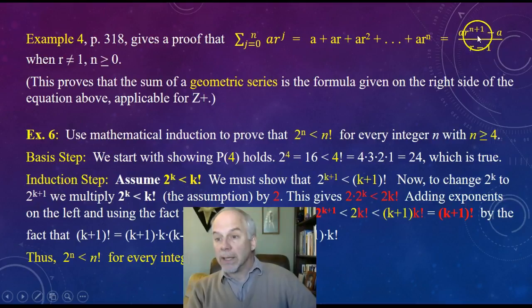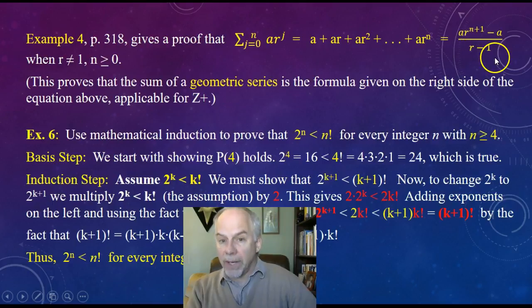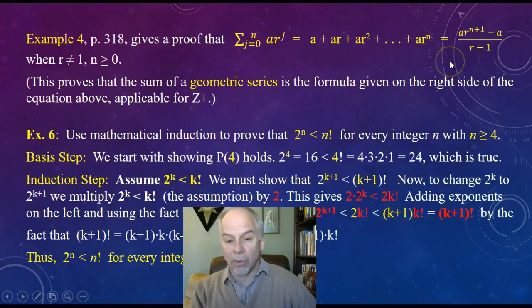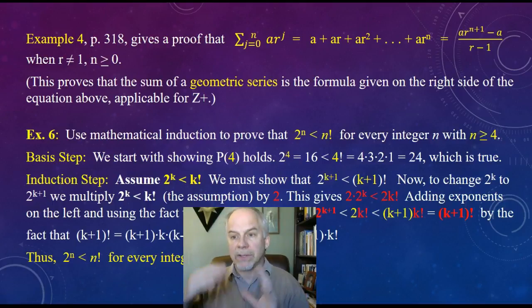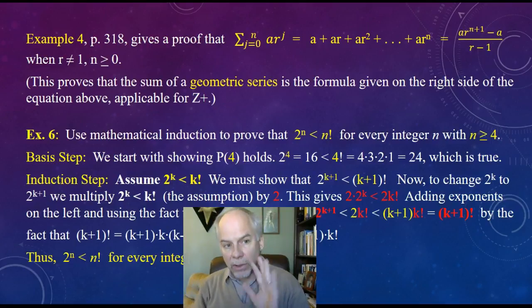And the formula is ar to the power of n plus 1 minus a over r minus 1. All right, now I don't know if you're familiar with such a formula, but that is the formula for the sum of a geometric series. Okay, and you can look at Rosen's proof of it. It uses mathematical induction on page 318.